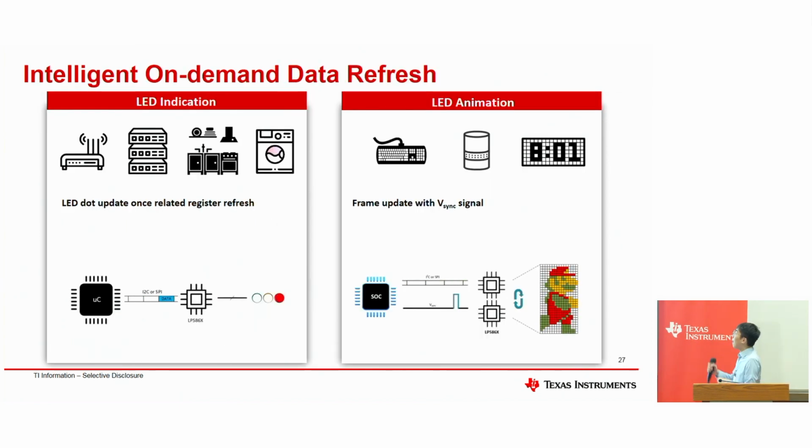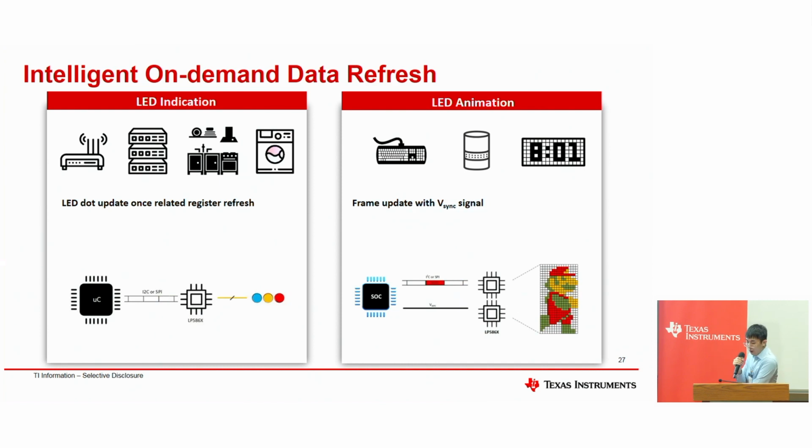Okay. The last page about these new devices is that sometimes we see the data transition from the MCU to the LED driver has a delay on the signals. On the left-hand side, for LED indication, for example, if you want to change one single dot indicator from green to orange, it's a one-time data transmission.